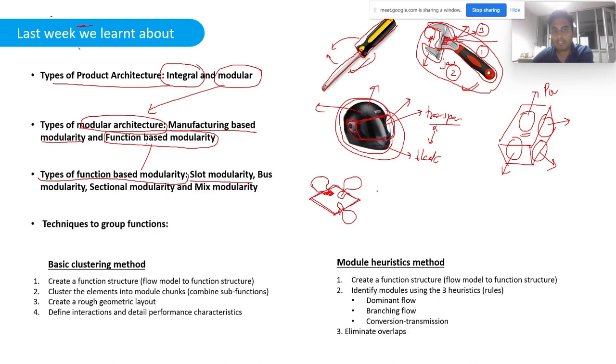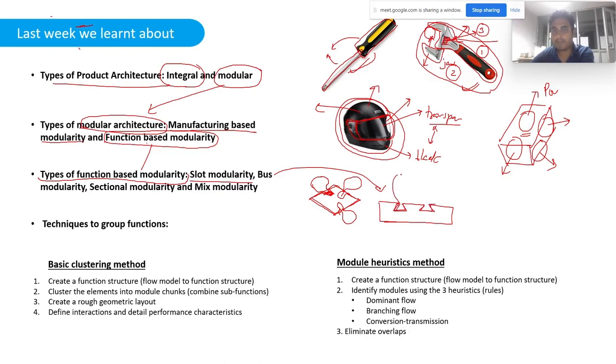Similar to that, we have something called bus modularity. So in bus modularity, it is very much similar to slot modularity, but the difference is that the shape of the slots is the same. That means within the same architecture or platform, the slots are of similar dimension and physical shape.